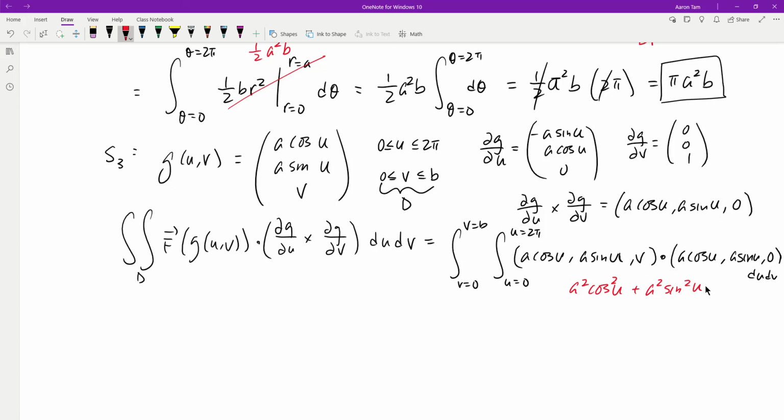So you should recognize that that comes out to be just a squared. Therefore our integral is v from 0 to b, u from 0 to 2 pi of a squared du dv. And you should be able to quickly figure out that the integral of this is 2 pi a squared b.